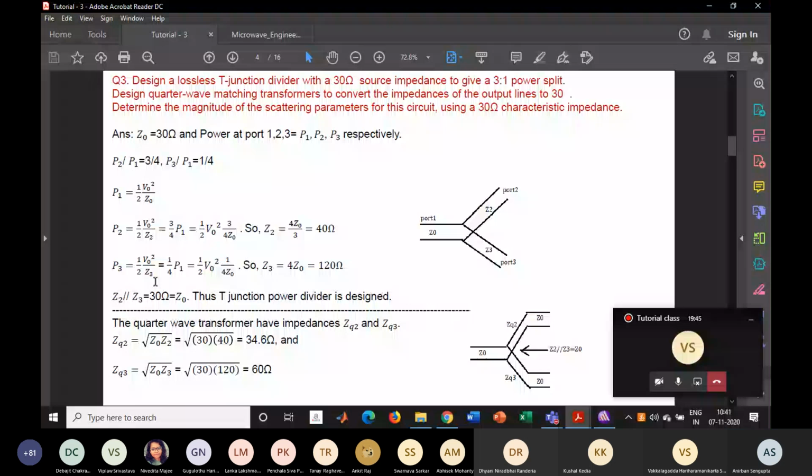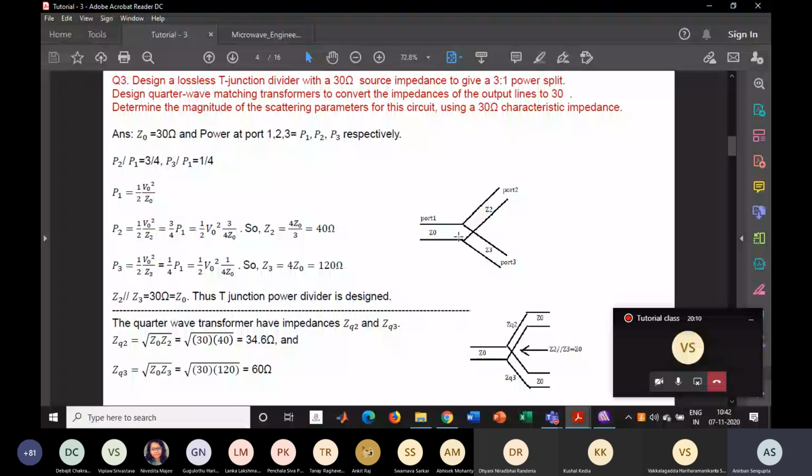So in the normal case of any equal power division, the 50 ohm line is connected to port 1, and for equal division, the characteristic impedance of both port 2 and port 3 will be 70.7 ohm. And if you consider the physical length and width of these lines, they will be the same.